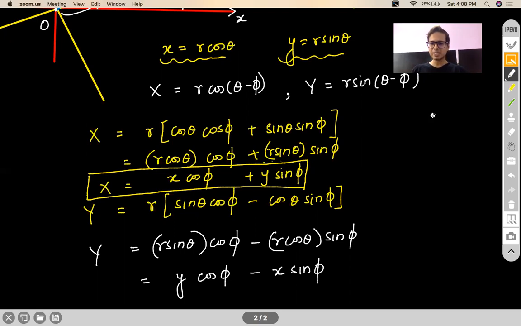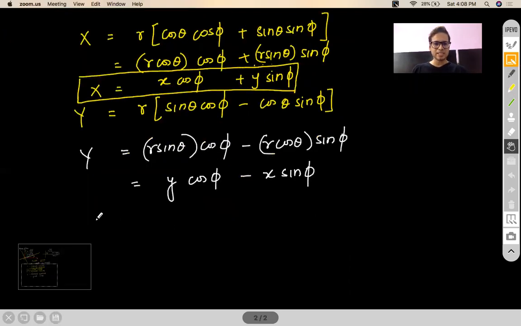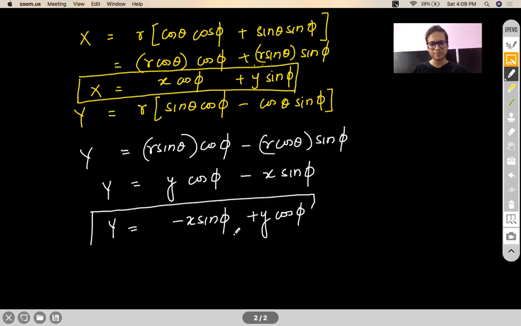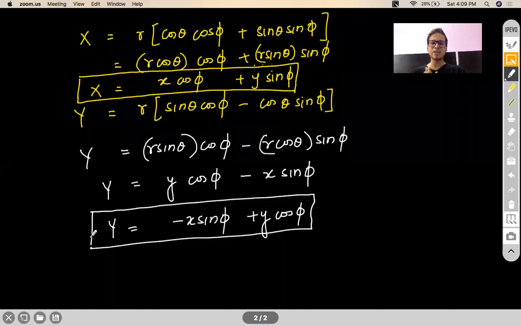Let me just rearrange and write it. So your new y will become negative x sin phi plus y cos phi. So please make a note of this. This will be your new y coordinate. Okay. So the new x coordinate and the new y coordinate both are functions of the old x and y as well as the angle of rotation.